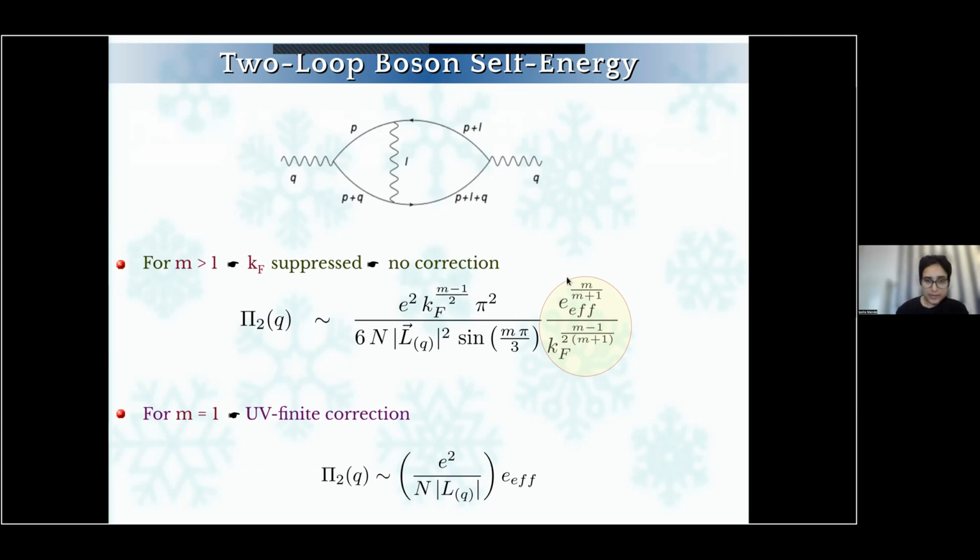So here is the expression where we see that there is this extra factor compared to the one-loop answer, which depends on this Kf in the denominator, which tells us that this loop correction just vanishes when we take the Kf going to infinity limit. However, for m equal to 1, there is no such Kf factor and we get a finite correction. So there is no UV/IR mixing for the m equal to 1 case, but such a mixing occurs for m greater than 1 due to the appearance of this Kf factor.